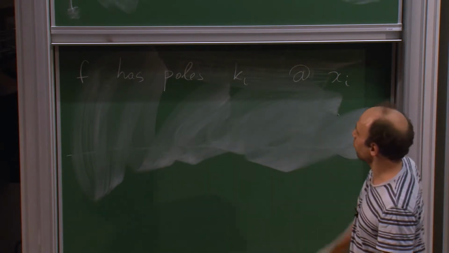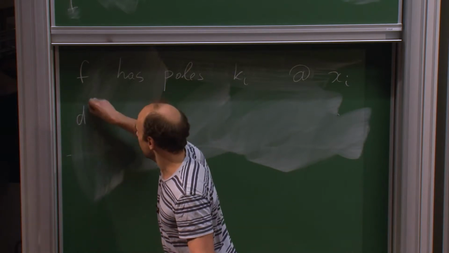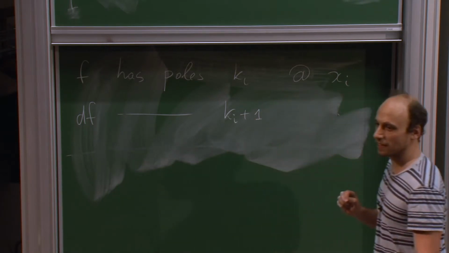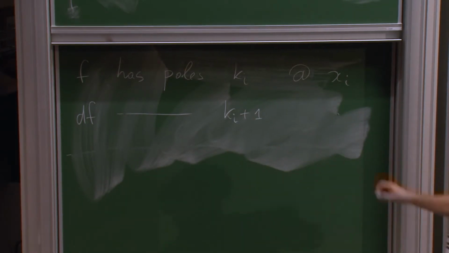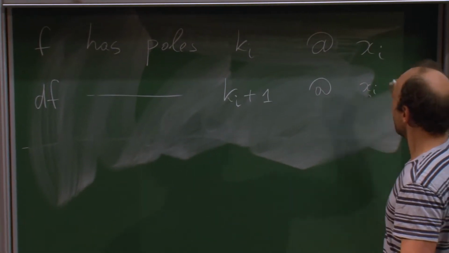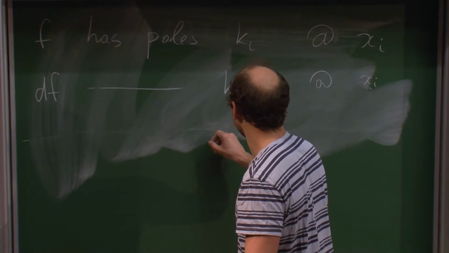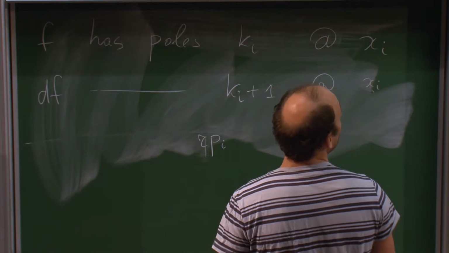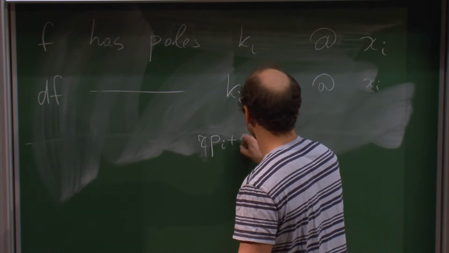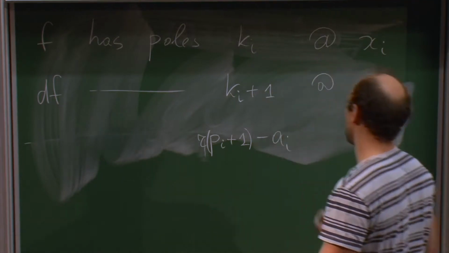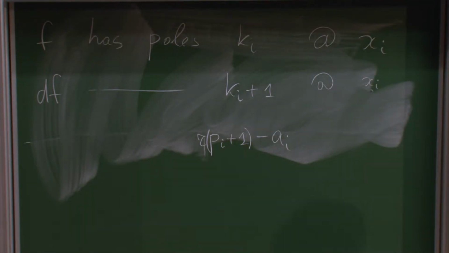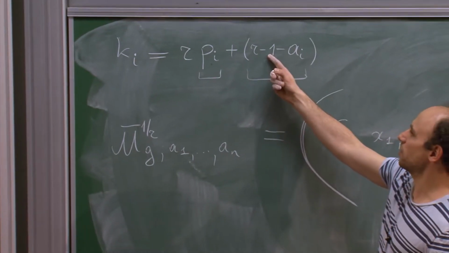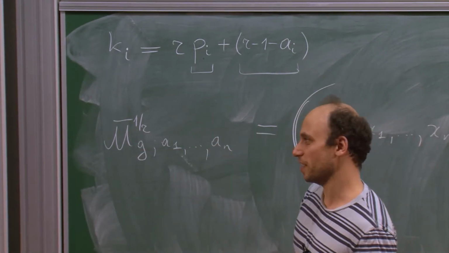So F has a pole of order ki at xi, so dF has a pole of order ki plus 1 at xi. And this is equal to r times pi plus 1 minus ai. If I rewrite ki like that, I obtain r times pi plus another r. There's a plus 1 that kills this minus 1, so I just have a minus ai.